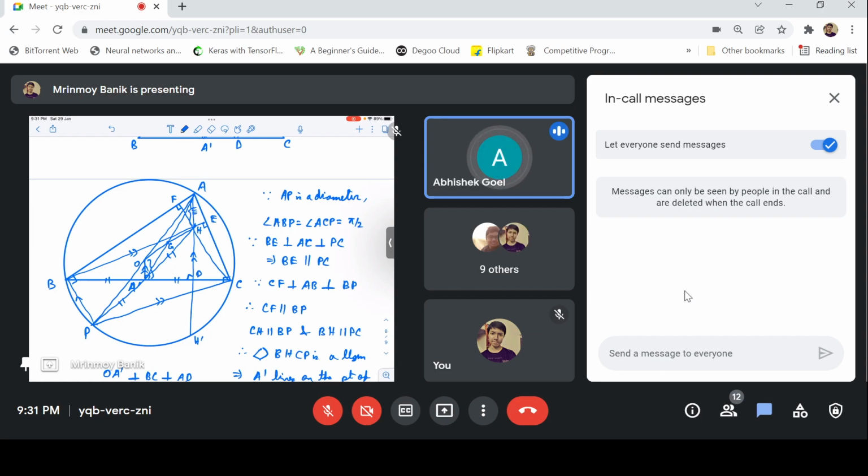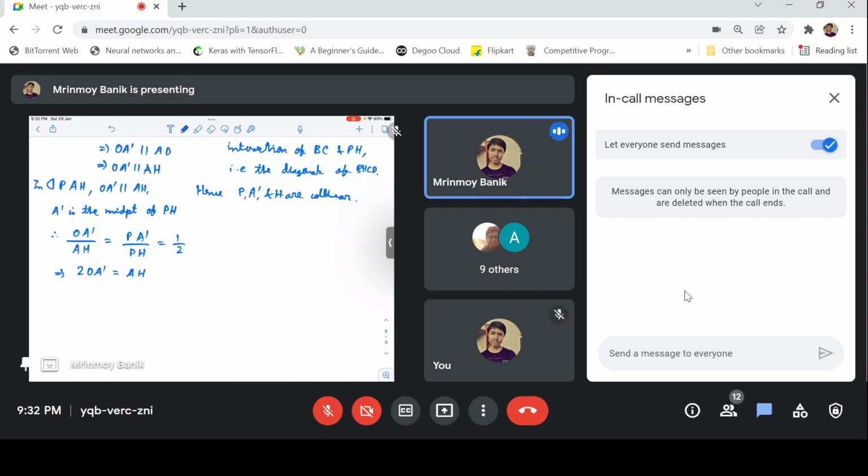If we can prove that AG by GA bar is equal to 2, then we can use the theorem. Midpoint, and midpoint.